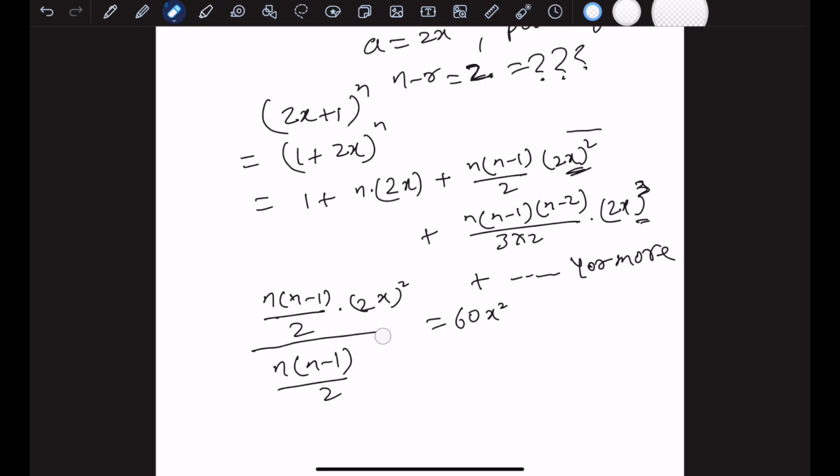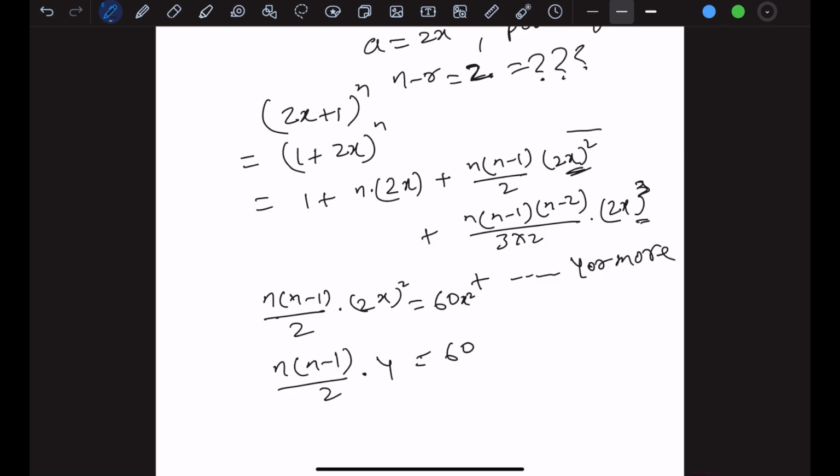Okay, I remove this, otherwise it will look like a denominator. It's not a denominator. I just write it here so it's more clear. 60. So we have n into (n minus 1) by 2 into 2x square, so into 4, equal to 60.